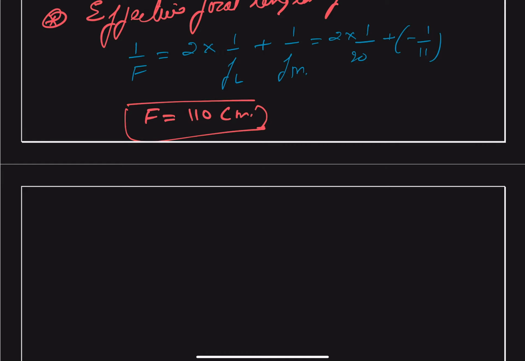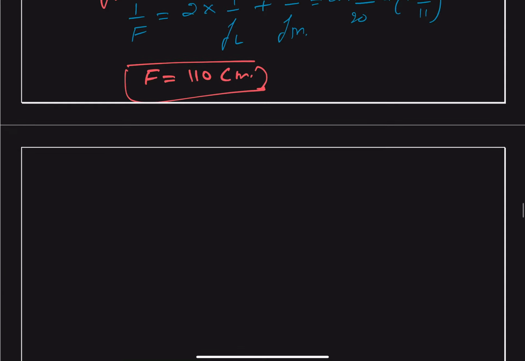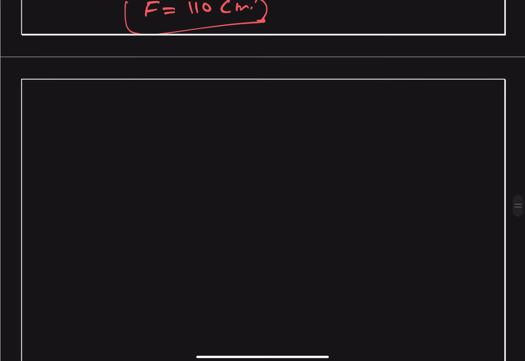We have to find the position of the image, and we can use the standard formula 1 upon V plus 1 upon U is equal to 1 upon F. U is minus 10 and the focal length we just found is 110.